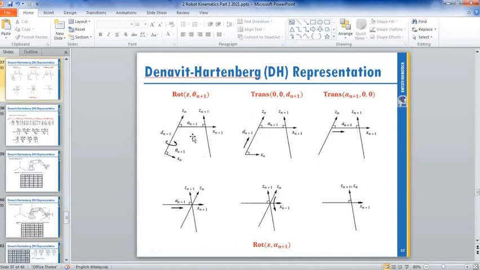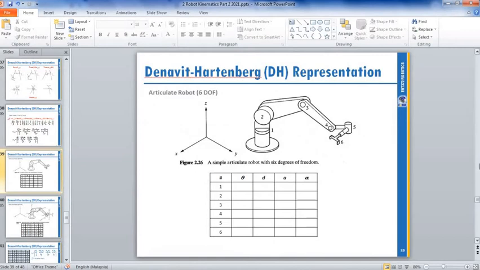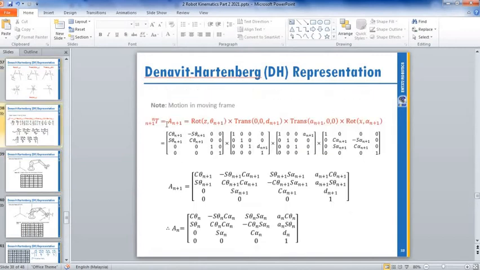So after this translation, this is the matrix that will be used. This is a moving frame. When you calculate for a moving frame, you must put your matrices from left to right.